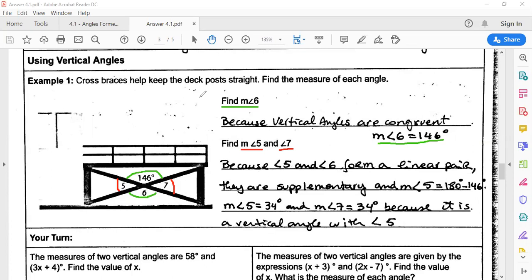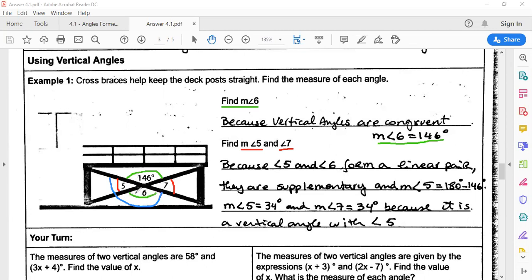Now let's see if we can find the measurements. If we look at angle 5 and angle 6, okay, these two angles, they form a linear pair, okay? And because they're a linear pair, that means that they are supplementary. Because they're supplementary, their measurements add to 180 degrees. Okay? So now I know that angle 6 is 146 degrees from the step above, right?